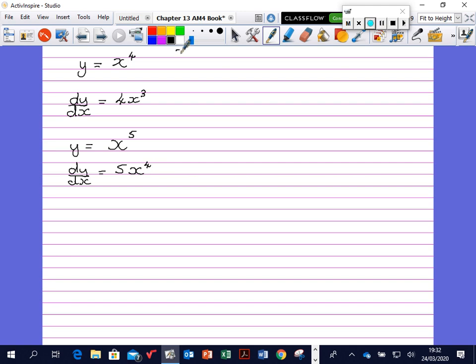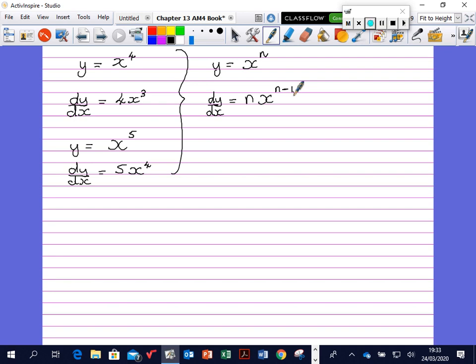And in your formula books, there is a general equation. They say to you, if y is equal to x to the power of n, then dy dx is going to be equal to n times x to the power of n minus 1.